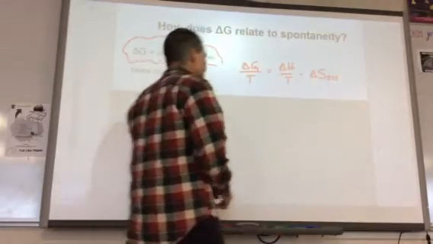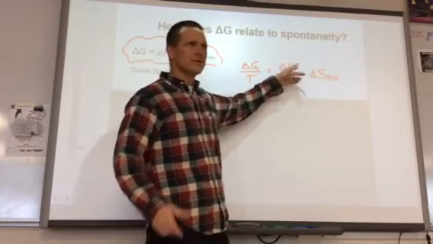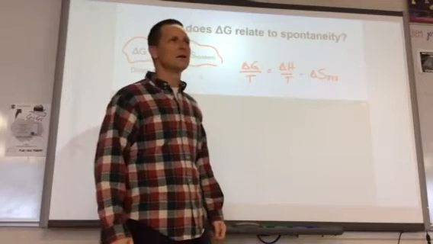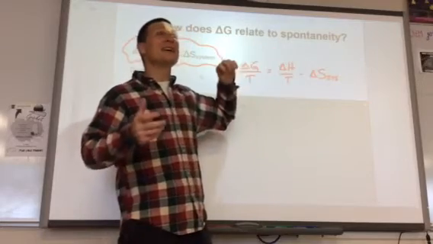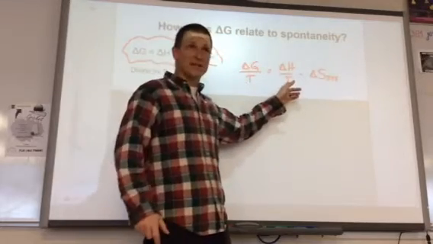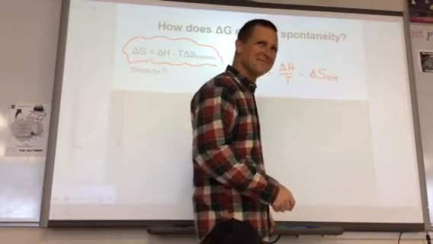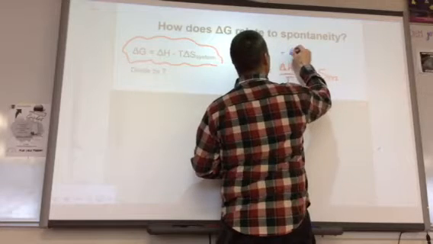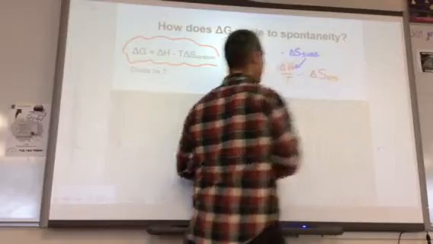But, speaking of that, you recognize this thing right here? Delta H over T. You've seen that in the last 18 hours, or 30 minutes in some cases. What is that? Well, the delta S of the surroundings was negative delta H over T. If we call that negative delta S of the surroundings, we can substitute that thing.